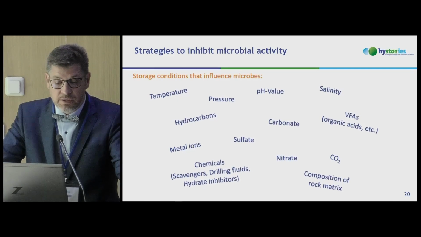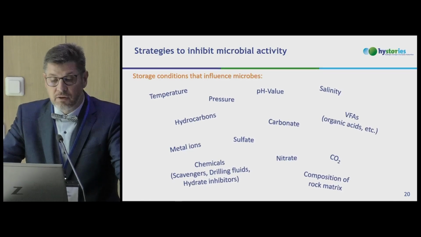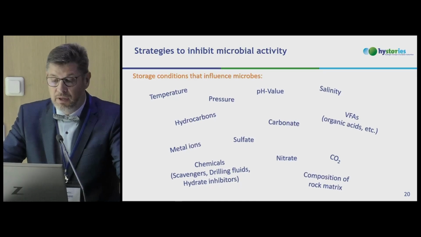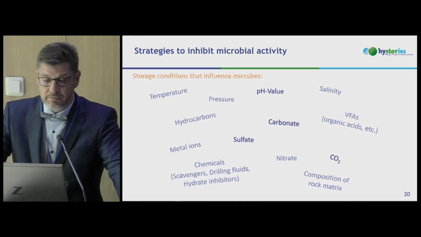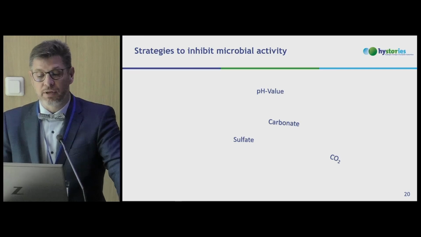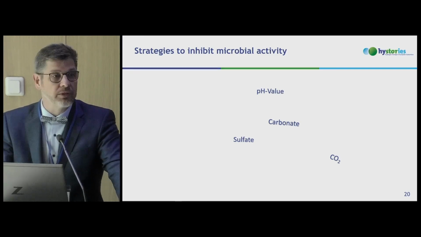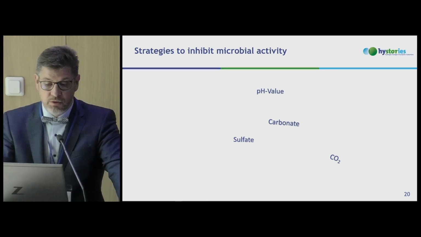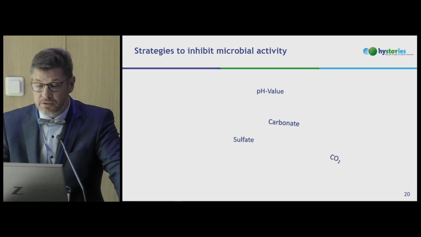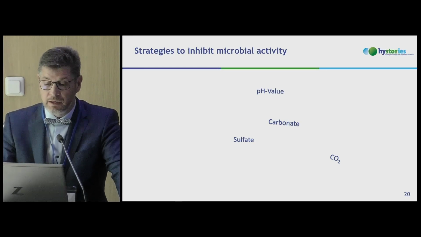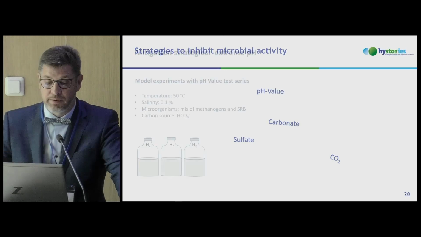Of course, only very few conditions of a deposit can be influenced at all in the long term. But some structures already reach threshold parameters that can be used to slow down the microbial activity. This includes, for instance, low sulfate content or carbonate concentration or a high pH value.